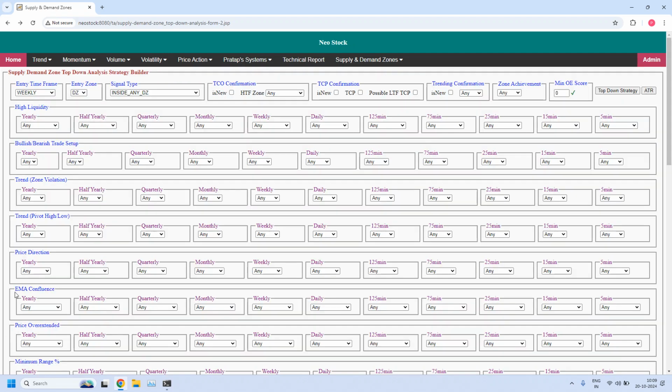Because the demand zones are always useful in the uptrend, the trend should be uptrend, and weekly EMA confluence, both the parameters. What I am doing: in zone violation trend and weekly time frame, I am selecting the trend as uptrend. That means they are bullish.